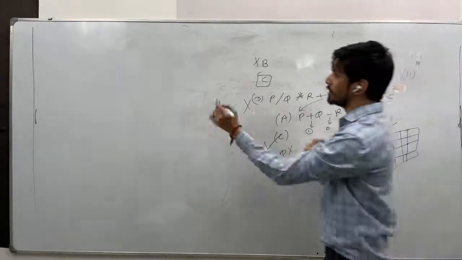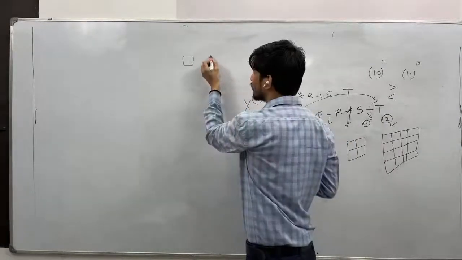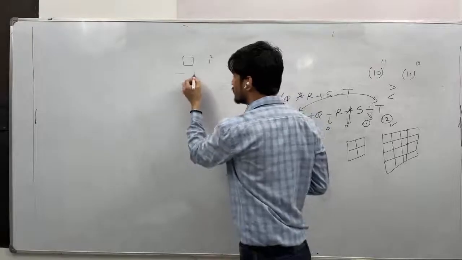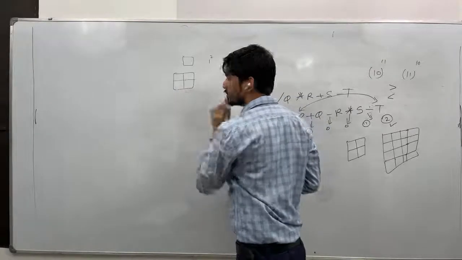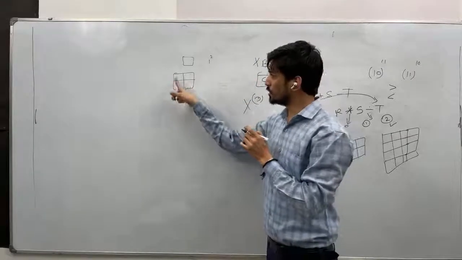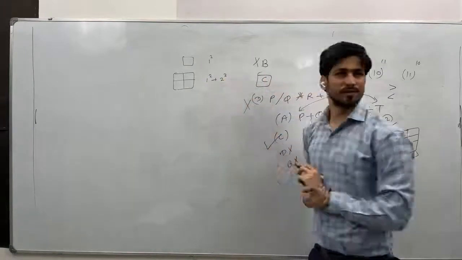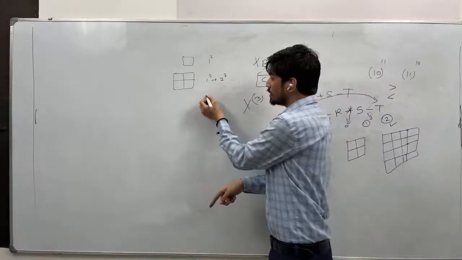Actually, there is some pattern. How many squares do you see? 1. So can I write 1 square? If I say 2 by 2, how many squares? 5, right? 1, 2, 3, 4, and the bigger square. So can I write 1 square plus 2 square? If I have 3 cross 3, then what would be the answer?